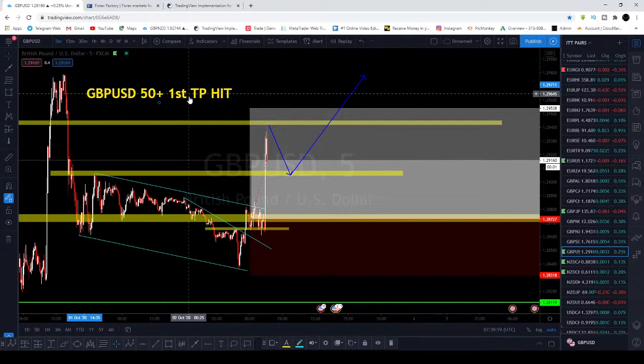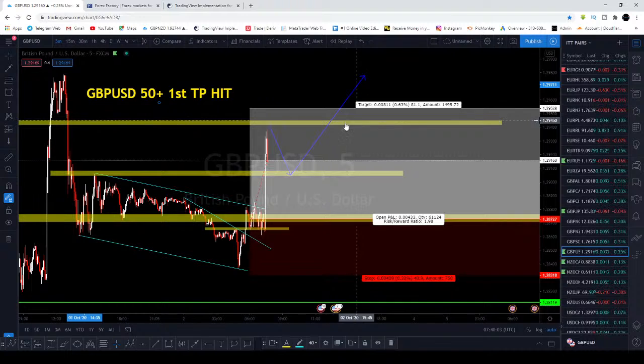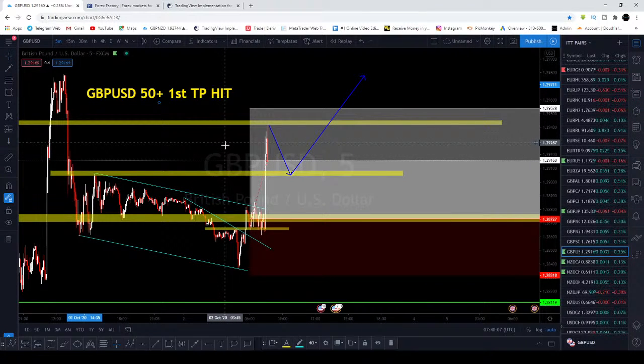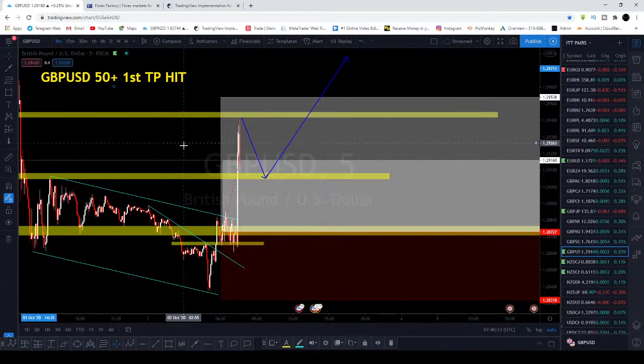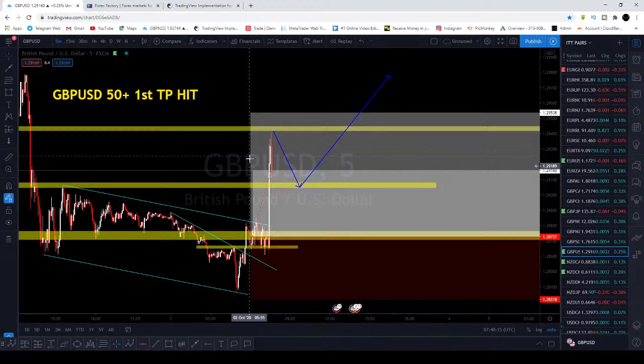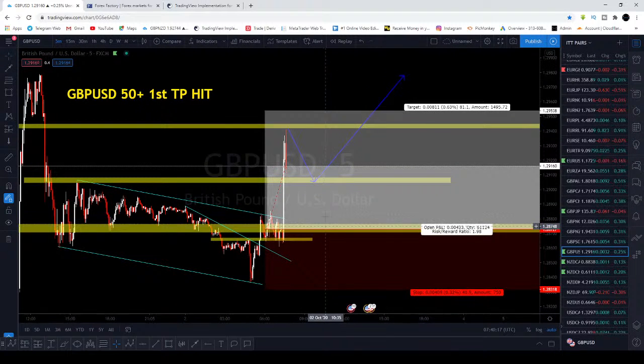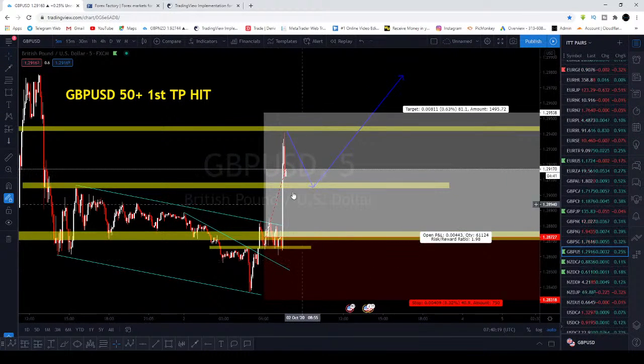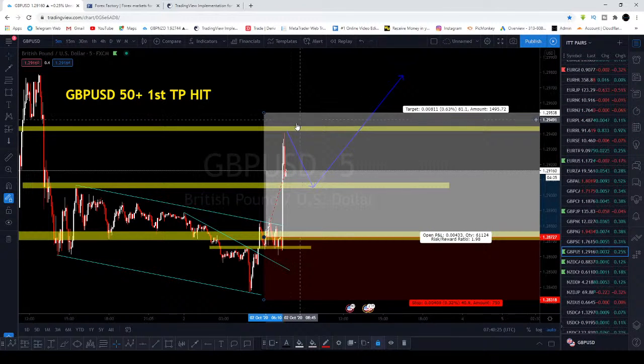We are waiting for another move to happen. I'm expecting a breakout of this before we hit our second take profit, which is for 80 pips.